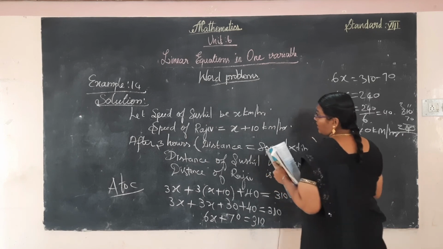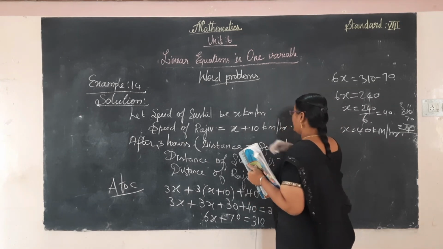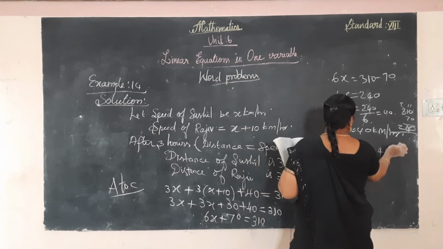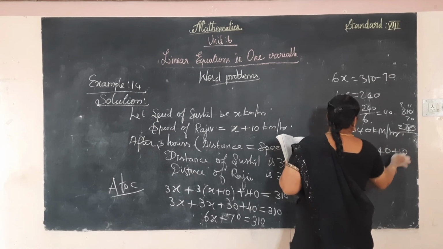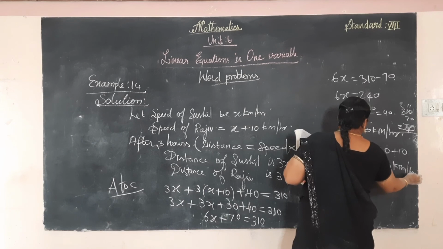So x value denotes the speed of the Suzel. Now we have to find out the speed of Rajiv. So x plus 10, that is 40 plus 10, so 50 kilometer per hour.